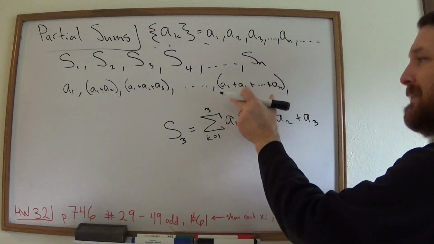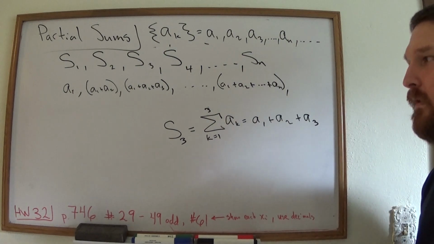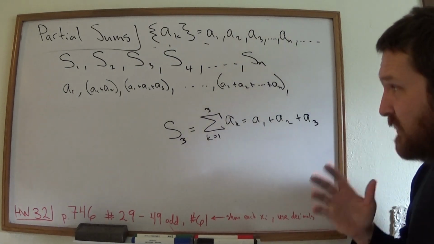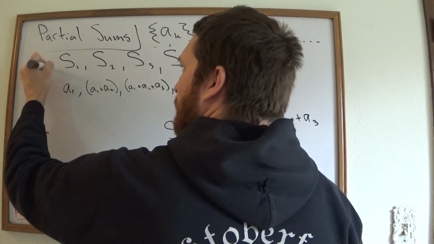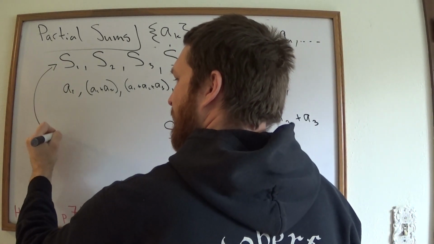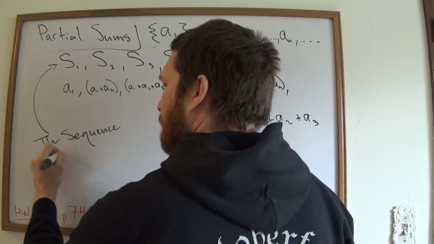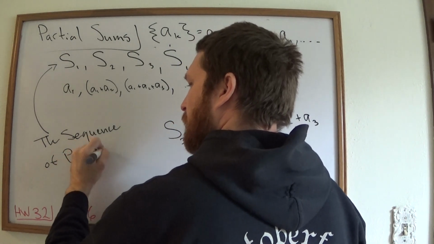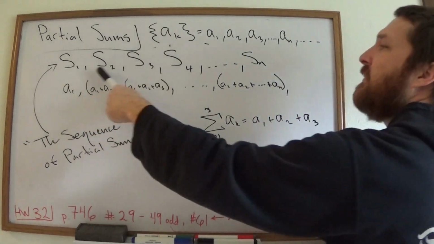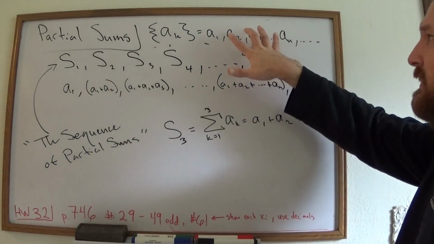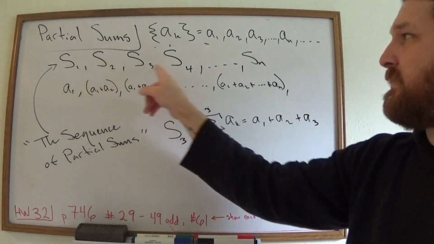The next one would be the same thing, but then you're adding on a_(n+1) at the end, and so on and so forth. So again, this is called the sequence of partial sums. That's the name of this thing. Given any sequence, you can compute its sequence of partial sums.